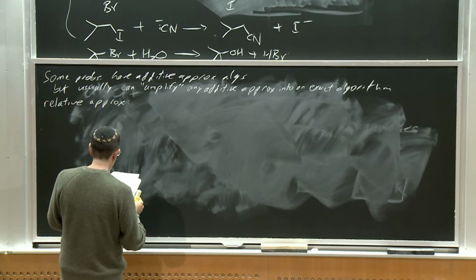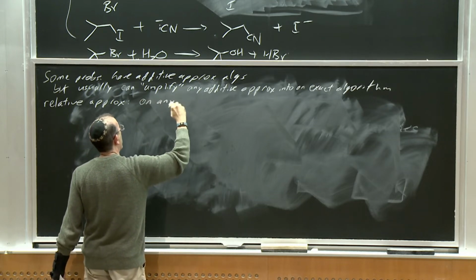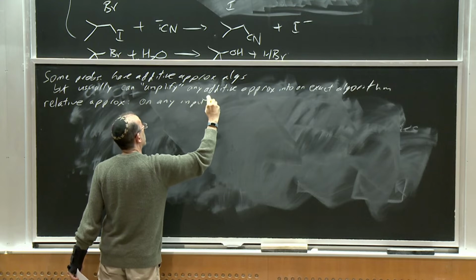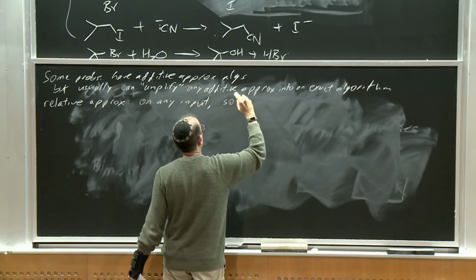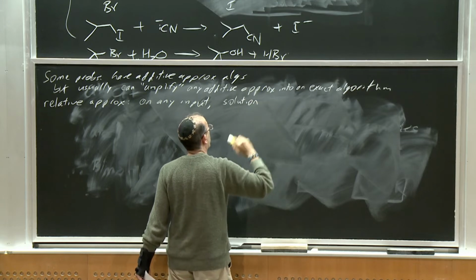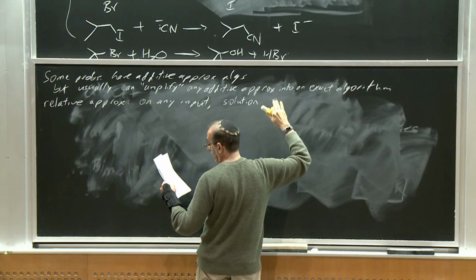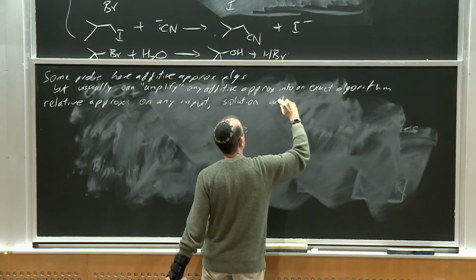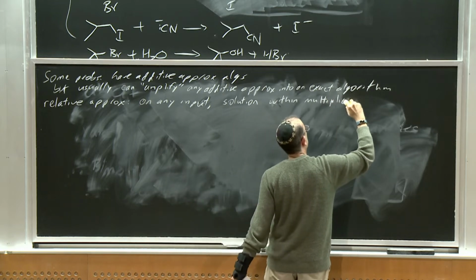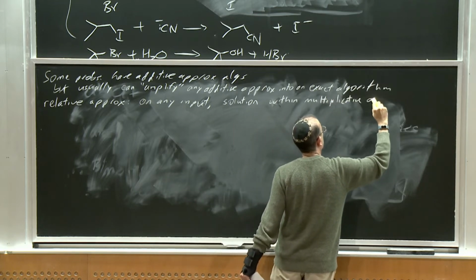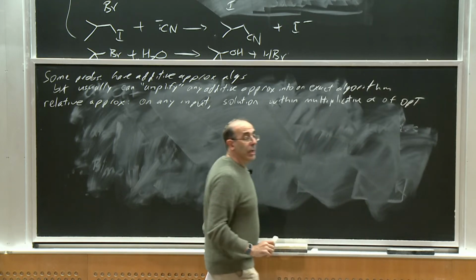The idea of a relative approximation is that on any input, you get a solution which is within a multiplicative factor of alpha of the optimum, okay?